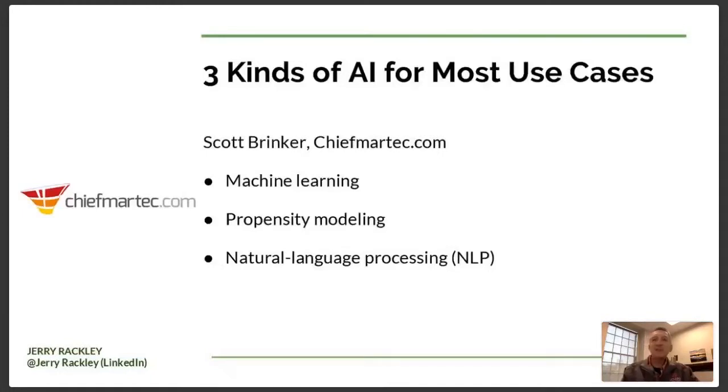In a recent post, Scott identified 3 kinds of AI technology that marketers are using, and I've listed them here on the slide. What he says is that with today's data volume and increasing speed, these AI algorithms are highly effective at what they do. For example, in lead scoring, which is a process that marketing organizations are definitely doing with their marketing automation software and CRM software, machine learning and propensity modeling is now beating humans and hardwired rules-based heuristics on a regular basis.